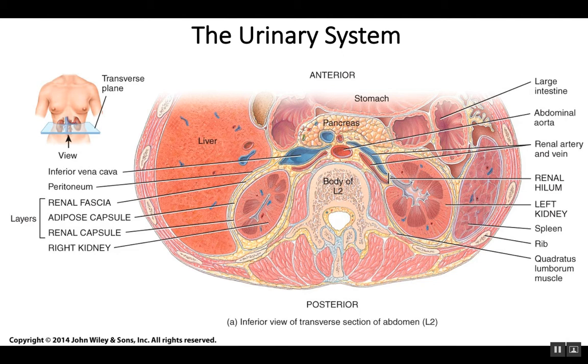The kidneys aren't very well protected by bones. A couple of the ribs will protect kidneys, like the last 2 ribs, ribs 11 and 12. But other than that, there's not much hard organ to protect them. So we use a lot of adipose tissue.